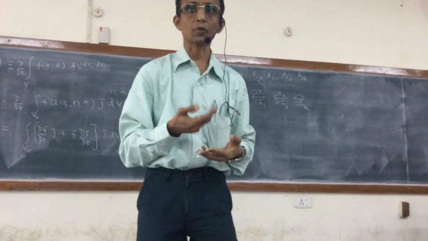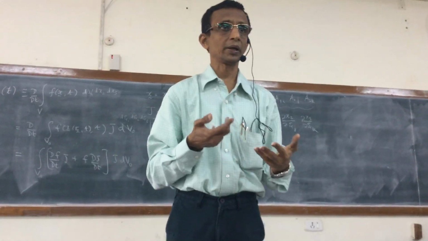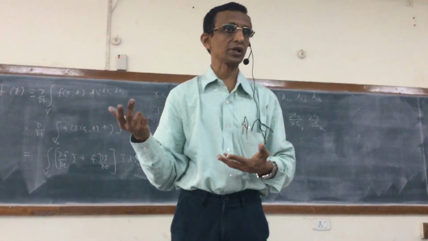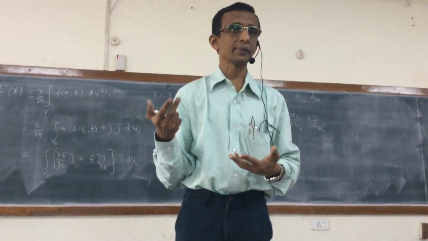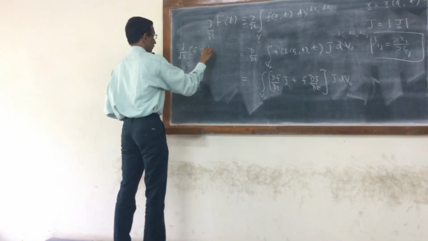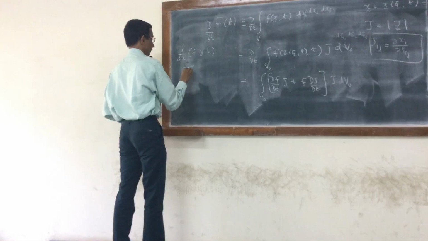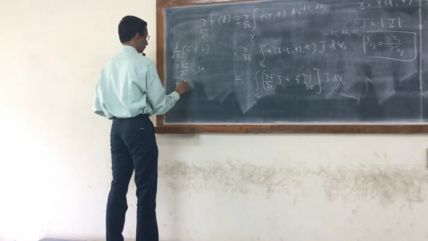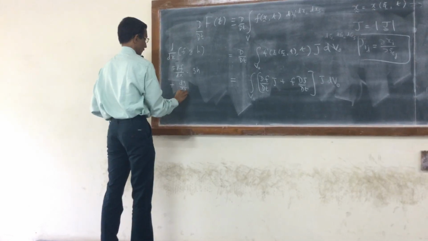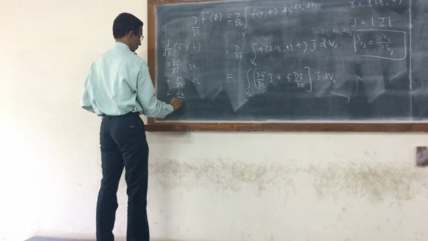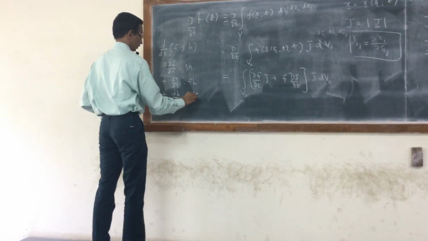We know the product rule for differentiation. D by dx of f times g, if f and g are functions of x, is simply, or if you want, three functions, it would be df by dx times gh plus dg by dx times fh plus dh by dx times fg.